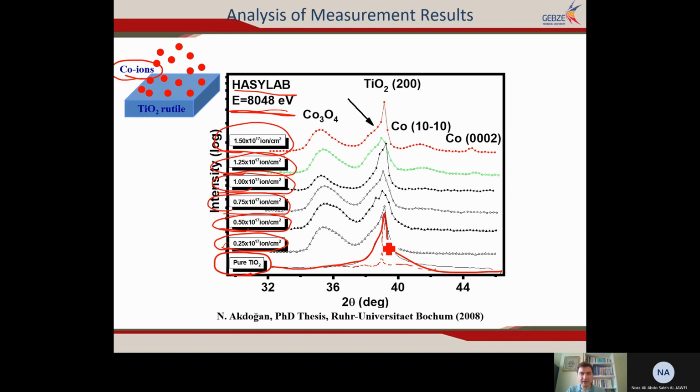So what you see is that the position of the main titanium dioxide peak is fixed, and compared to the pure titanium dioxide we have an additional peak here, okay, and in addition we have a shoulder here, and we also have cobalt signals on the right side which were absent in the pure titanium dioxide.